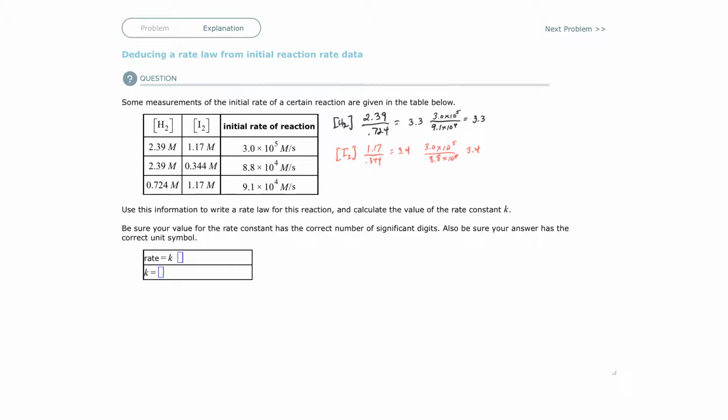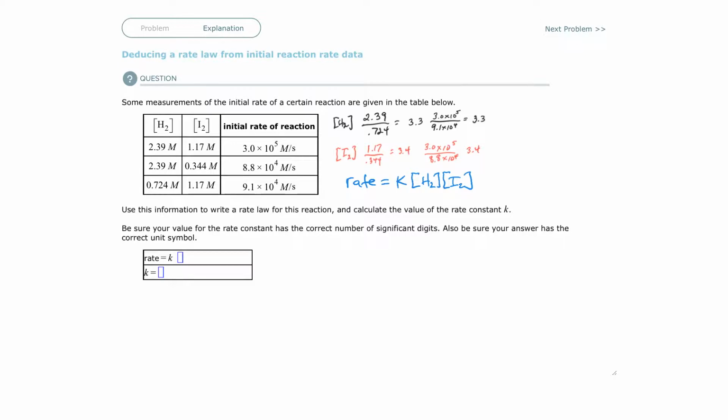I know that the rate is equal to some constant, which I could figure out later. And then the first one is the concentration of H2, the first reactant, and it's to the 1 power. I don't actually need to write a power there. And then the second one is iodine, and it's also to the 1 power.